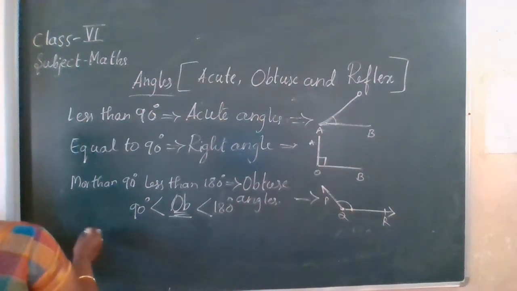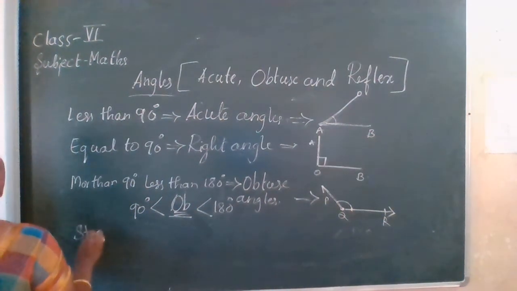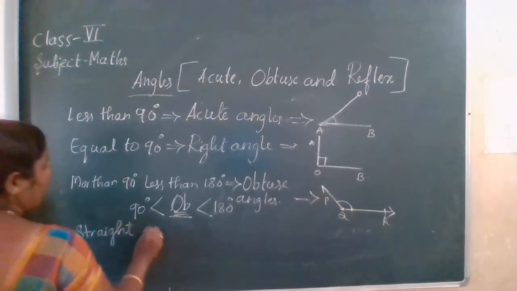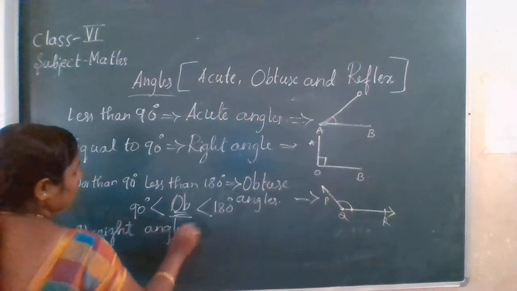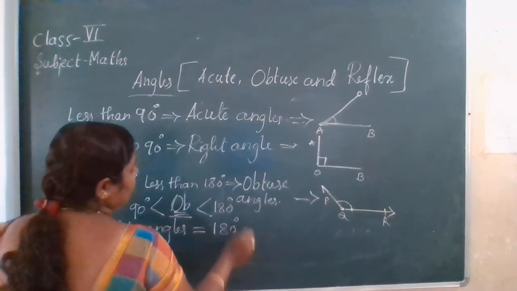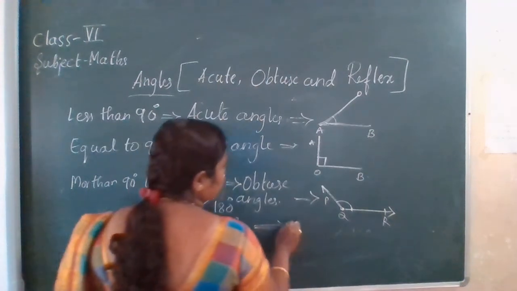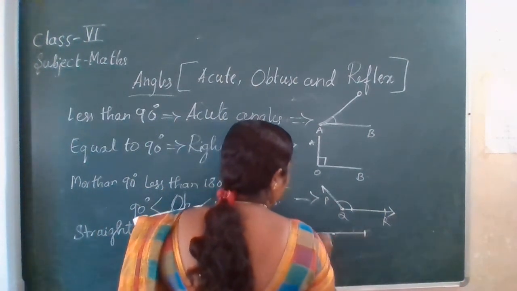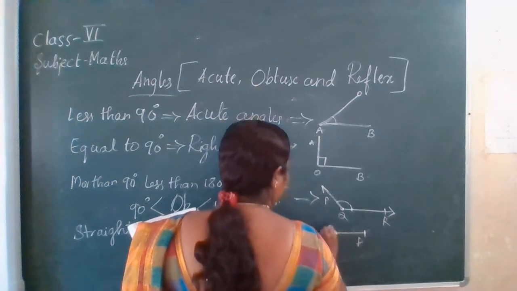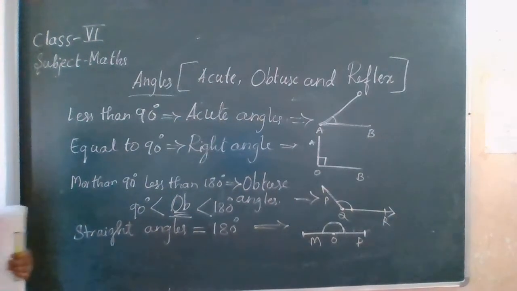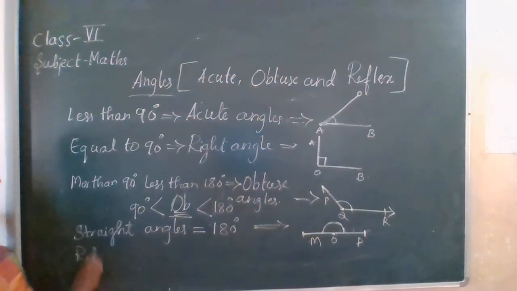And next, the straight angle. These are angles equal to 180 degrees. These are straight angles.